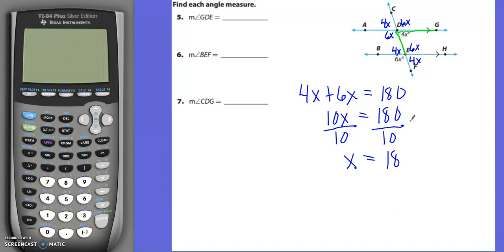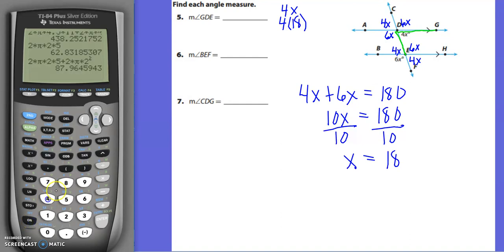Now, we don't want to know what x is, we want to know what 4x is. So 4x is 4 times 18, which is 72.